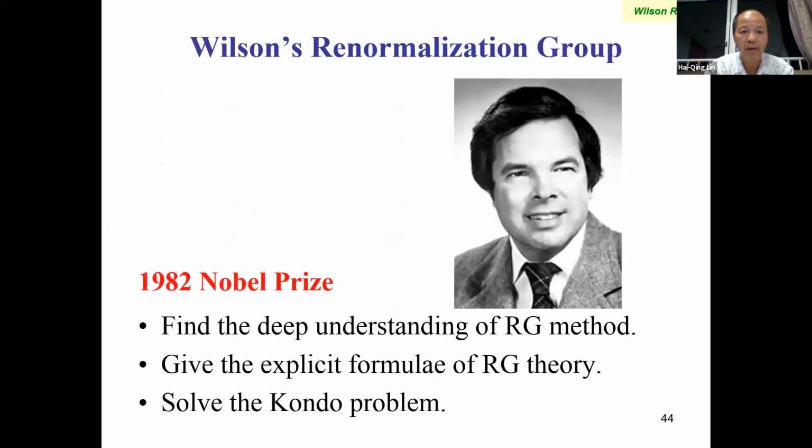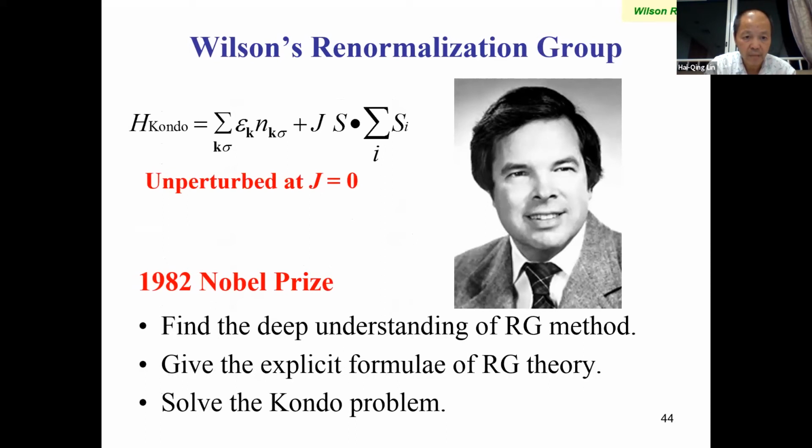Now, we know Wilson got his Nobel Prize for his many outstanding works, especially the renormalization group studies of the Kondo model. The Kondo model has been shown to be non-perturbative. Wilson's work calculated T_K and other quantities by an explicit formula from RG theory.